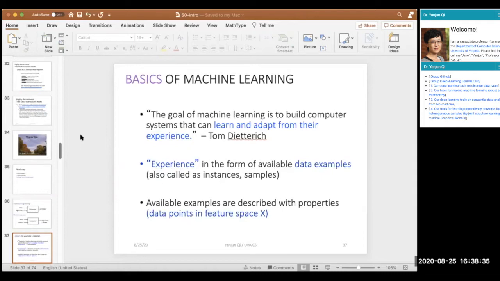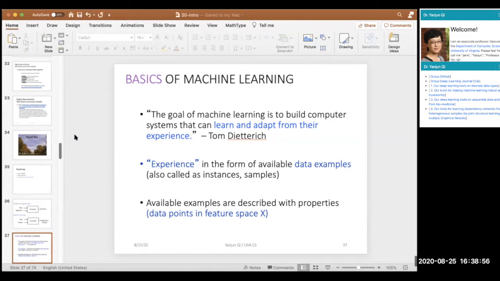This is a pretty big person in machine learning, one of the first few machine learning researchers in the field. I like his definition, so just keep using that definition. The goal of machine learning is to build computer systems that can learn and adapt from their past experience.